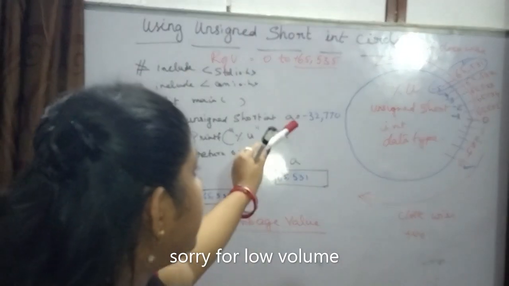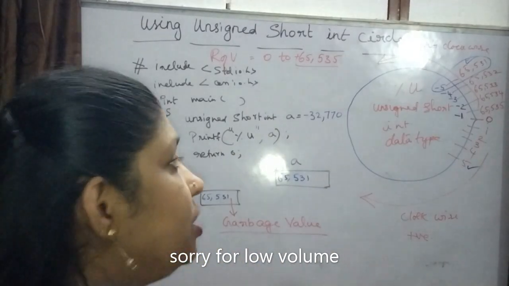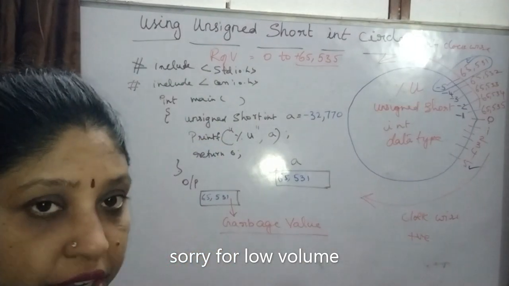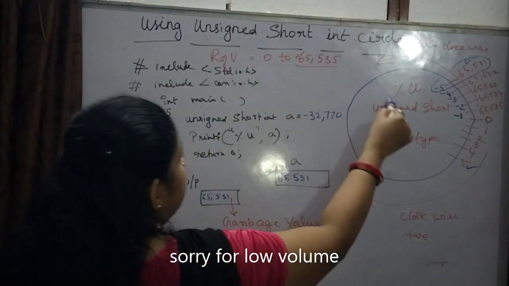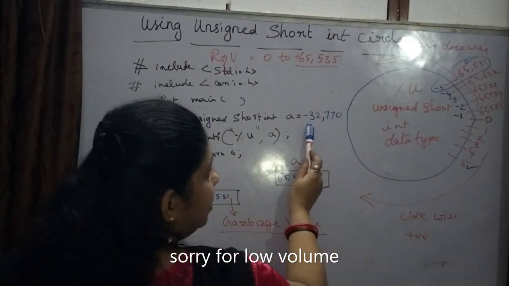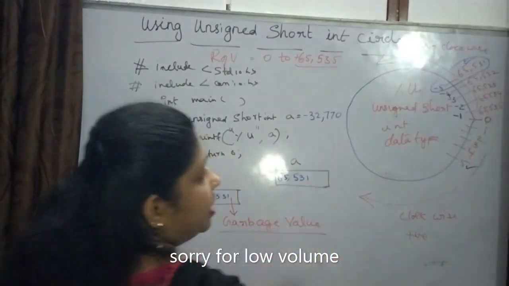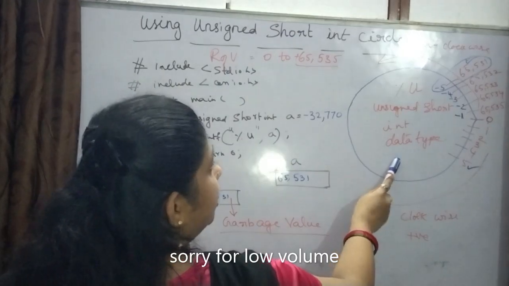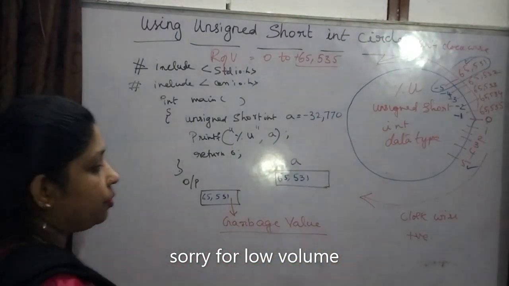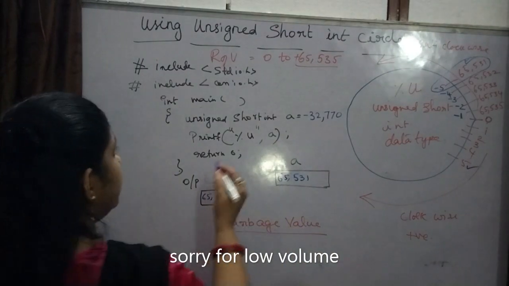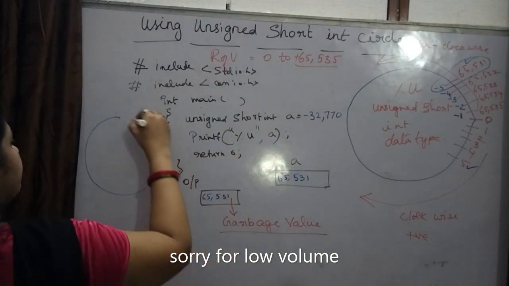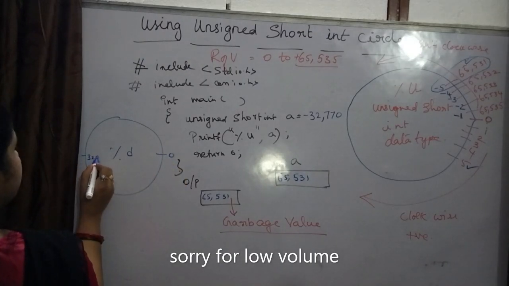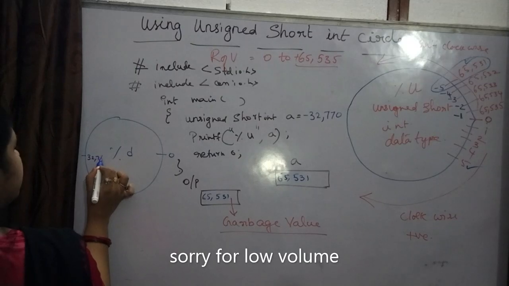But when the compiler comes to this place, the moment it has seen this unsigned short int circle, it enters into this. Then it comes to the values. When it sees this value, it will see here that that particular value is not there. Then after searching for that value here, it will enter into the another circle which is called %d, where you have 0 and here you have 32,767 value.